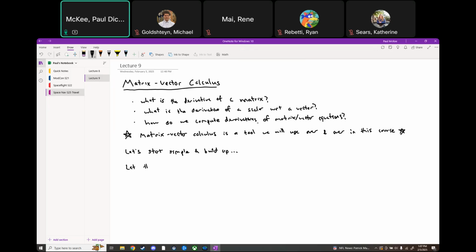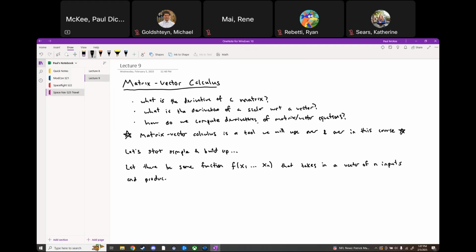Let there be some function f of x1 to xn that takes in a vector of n inputs and produces one output, or one scalar output.